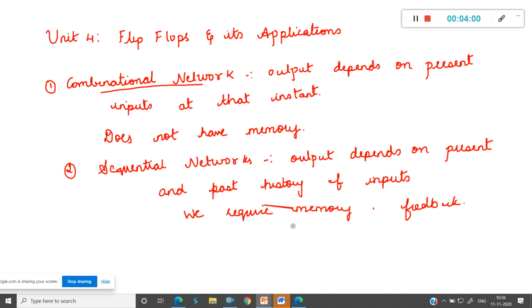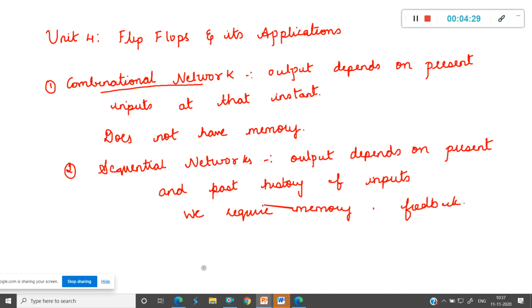For this reason, sequential networks are said to have memory. The mechanism used to explain this type of network is referred to as internal state, secondary state, or simply the state of the network. Internal state is a collection of signals at a set of points within the network.